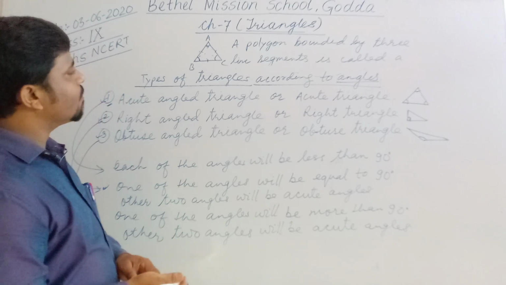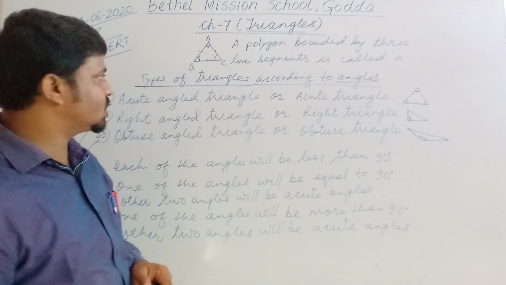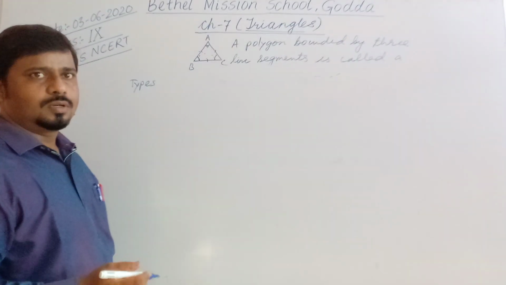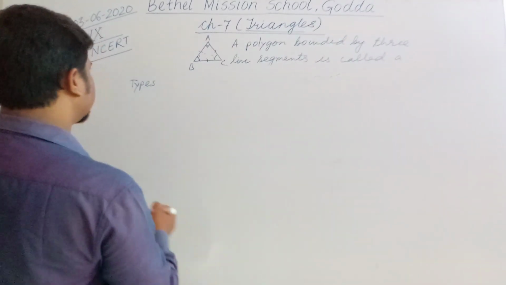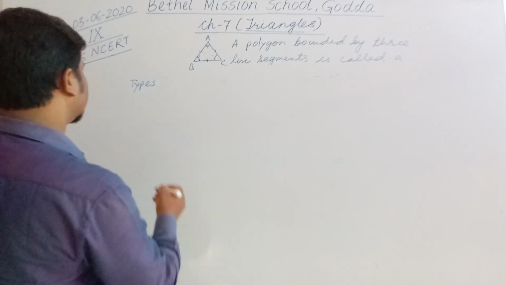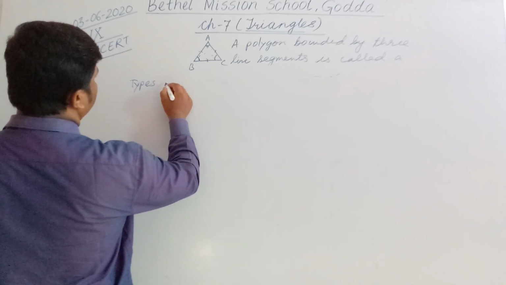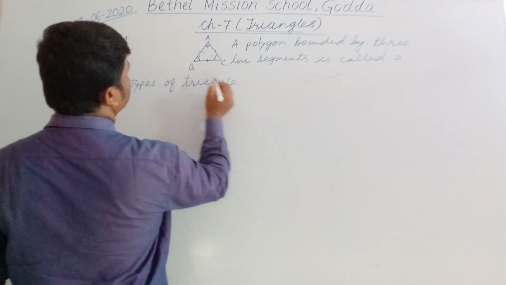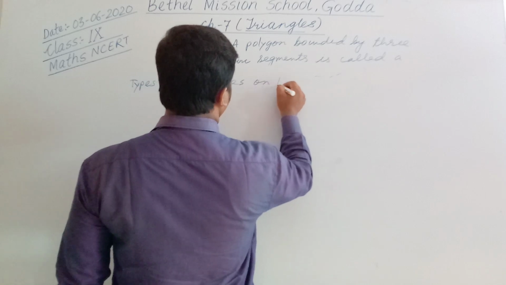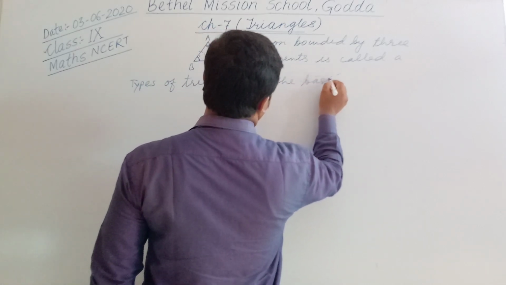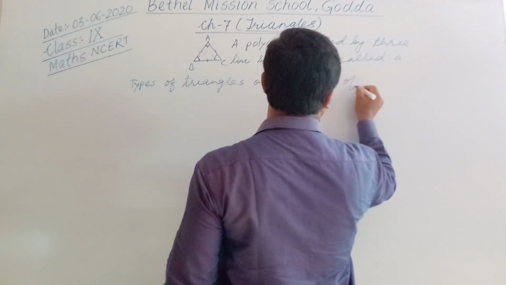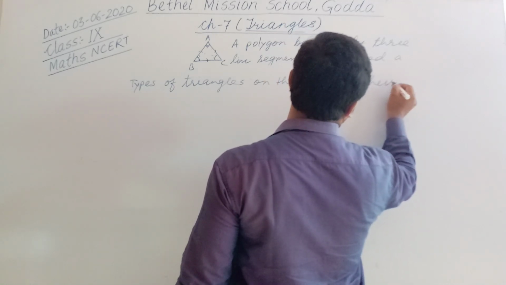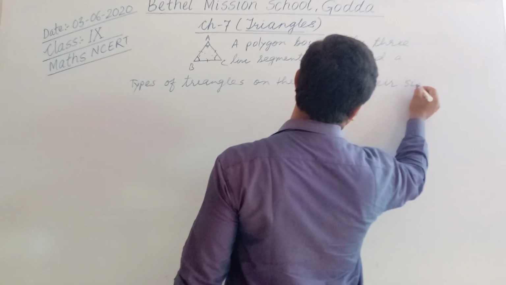Other three types are on the basis of their sides. And what are they? Let's see. Okay, let's see the other three types on the basis of their sides. So types of triangle on the basis of their sides.